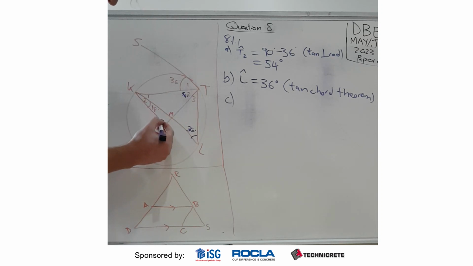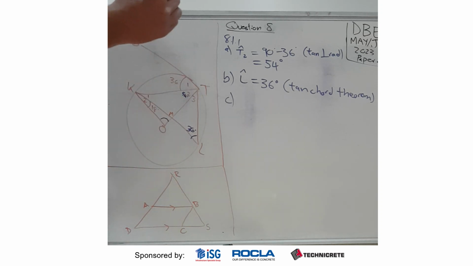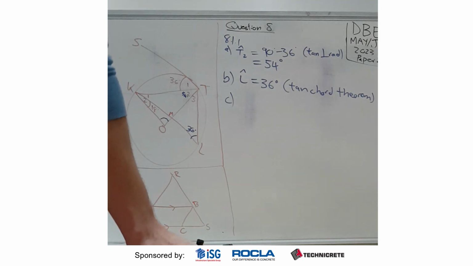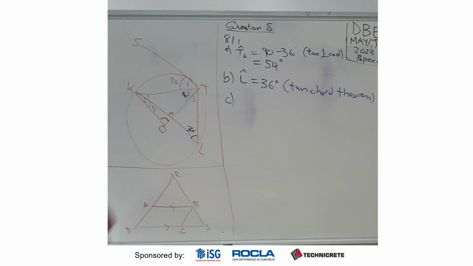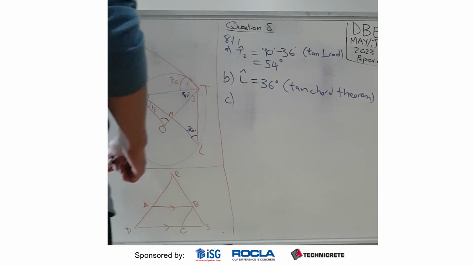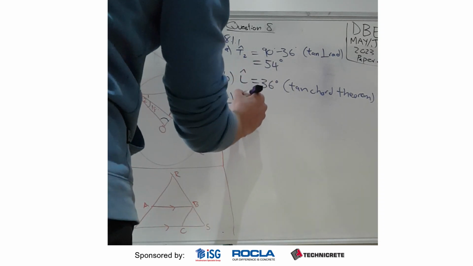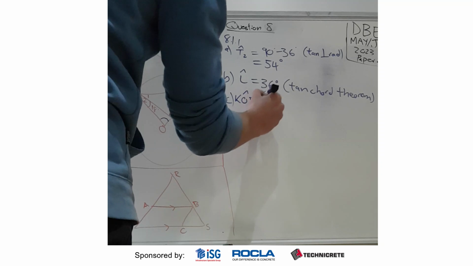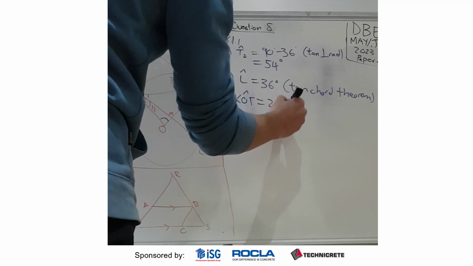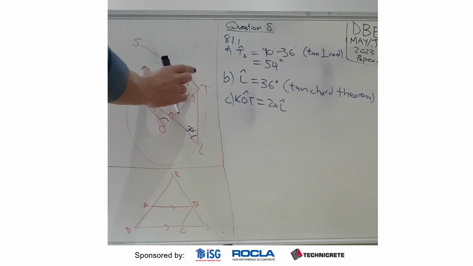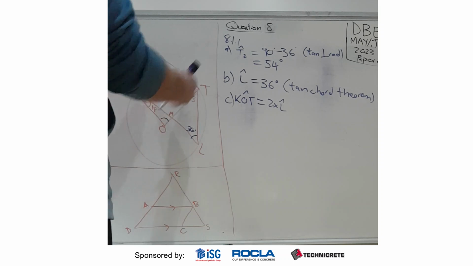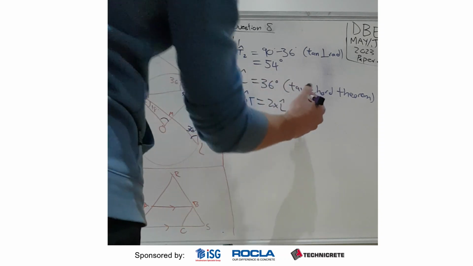Okay, and now in part C of this question, we are asked to find KOT, as in that angle. Now, there's at least two ways to do this. There's the quick one, which is like so. We have an angle at the centre of our circle. We also have an angle at the circumference. So right away we can say the angle made by those two points also goes there.